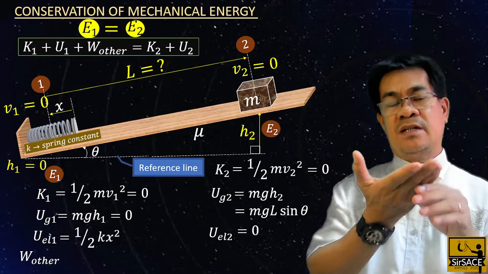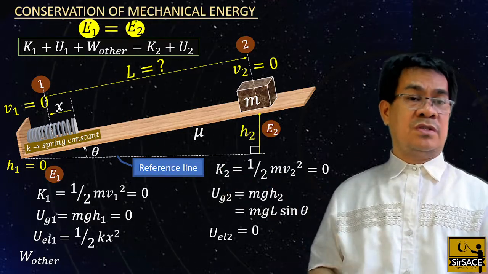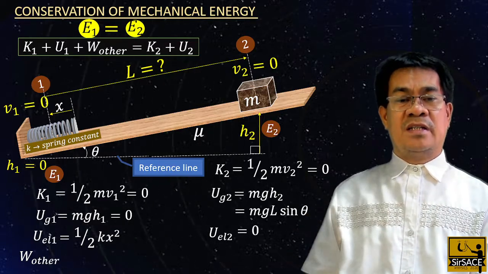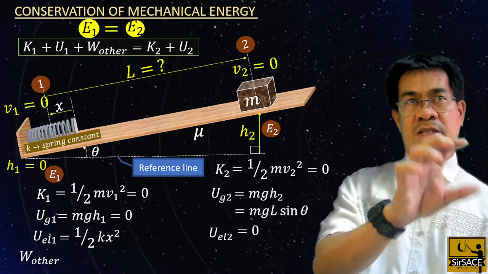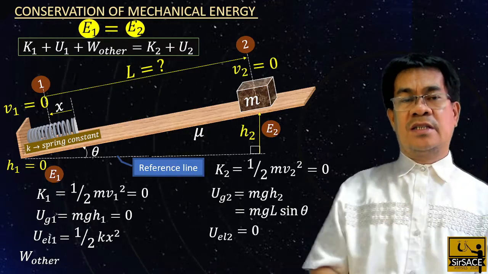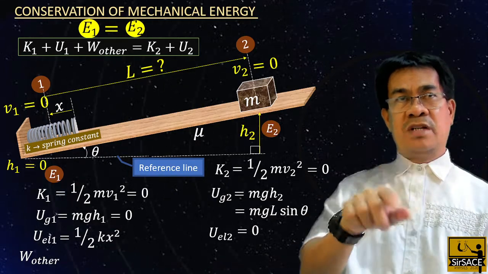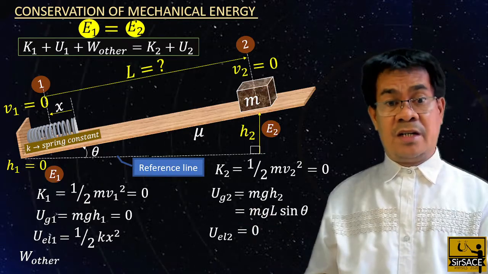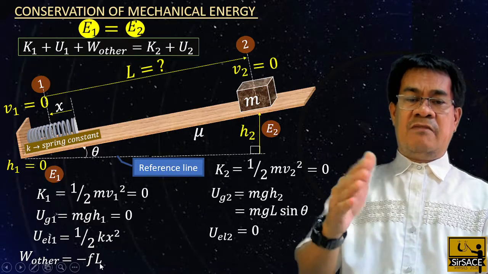Now in this case, remember friction is opposite to the motion displacement. So therefore, the angle must be 180 degrees. If you apply the formula F d cosine theta, which is cosine of 180 degrees, it is a negative answer. So it should be the negative frictional force f times L. The displacement is L in our case. So our work by other forces is negative fL.